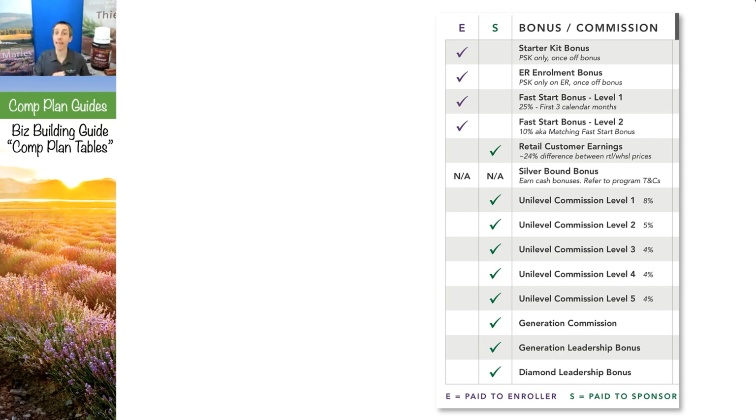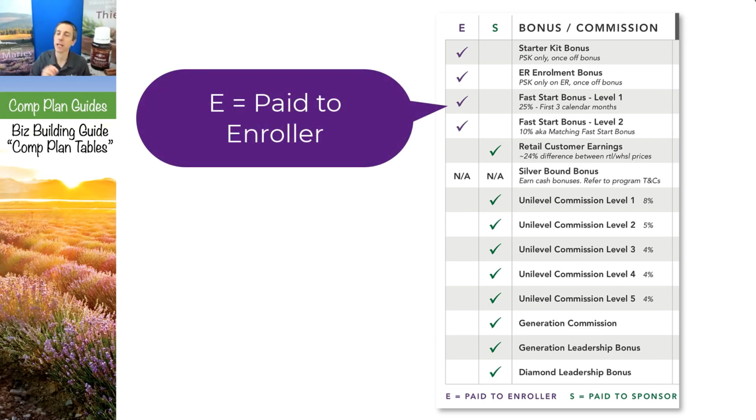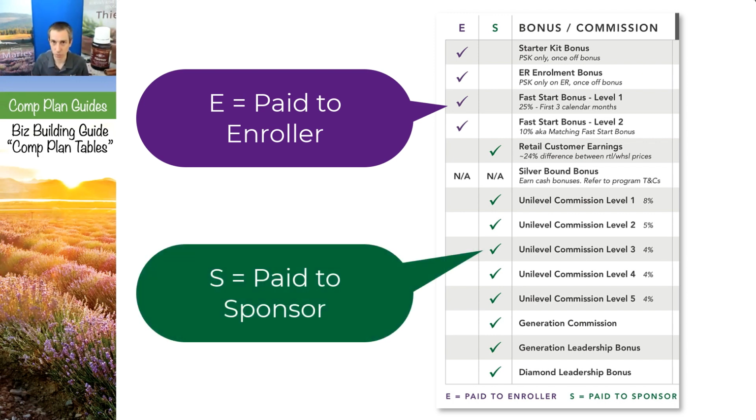Okay, on the left-hand side of these particular commissions and bonuses is another column. The column on the left has E at the top of it and S at the top of it. E means that particular commission or bonus is paid to the enroller. S means that particular commission or bonus is paid to the sponsor.